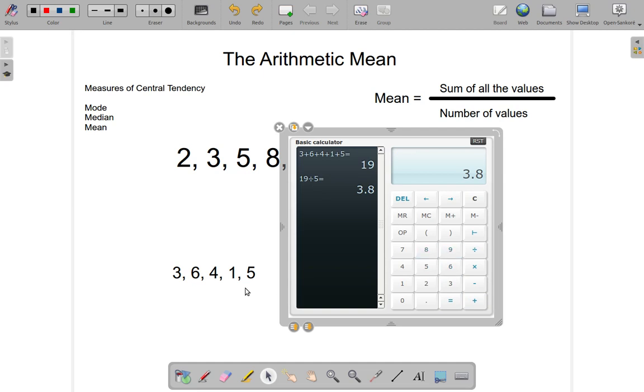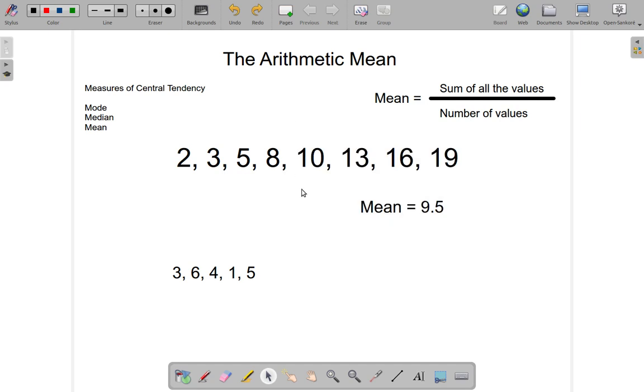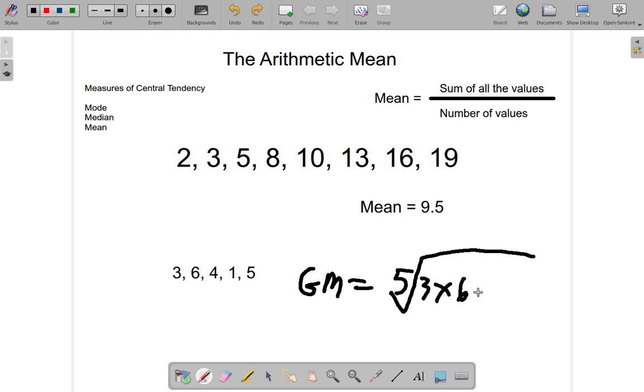That's it, arithmetic mean. There's another thing they call a geometric mean. That's why you see books, websites and so on, where they say arithmetic mean. They don't just say mean, because there's also the geometric mean. To calculate the geometric mean of this, let's call it GM for now. It would be the fifth root of 3 times 6 times 4 times 1 times 5.